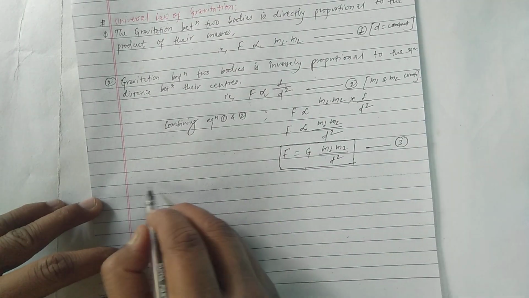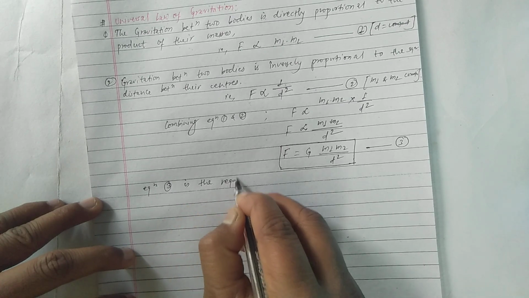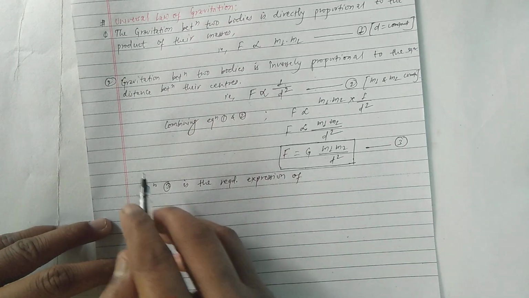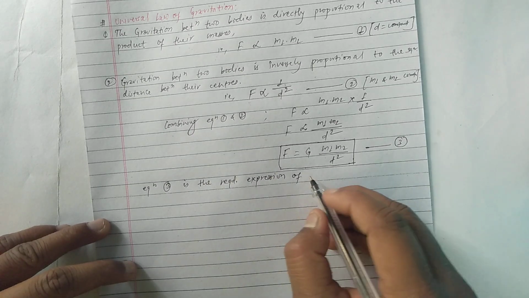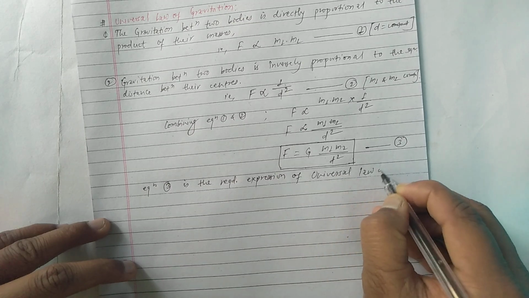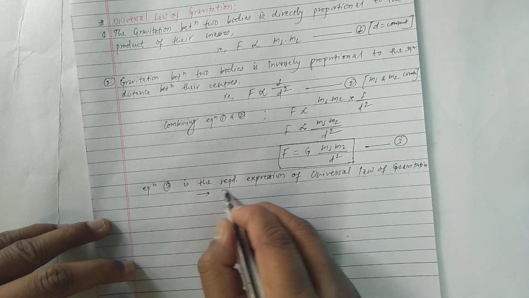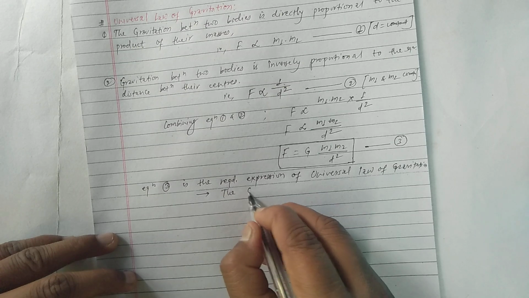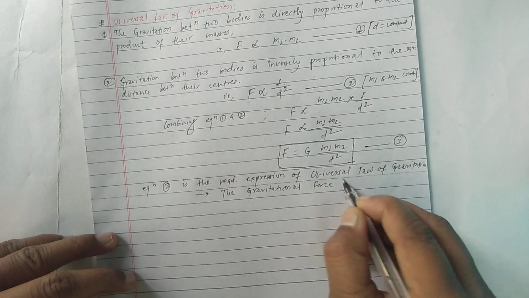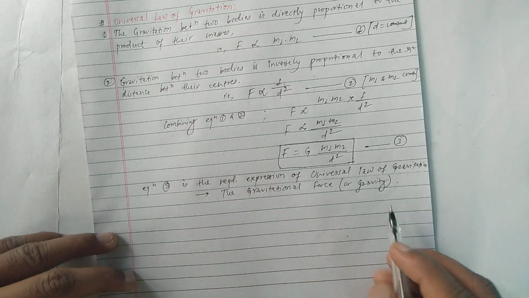So this equation 3 is the required expression of the gravitational force, or you can say the universal law of gravitation, the gravitational force, or simply gravity, between these two bodies.